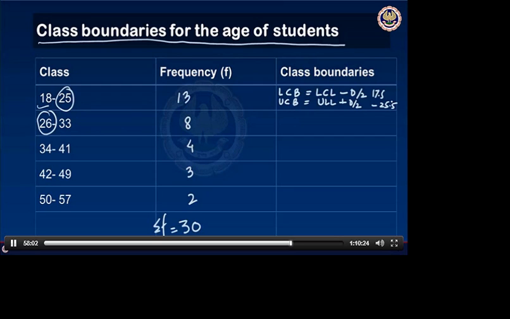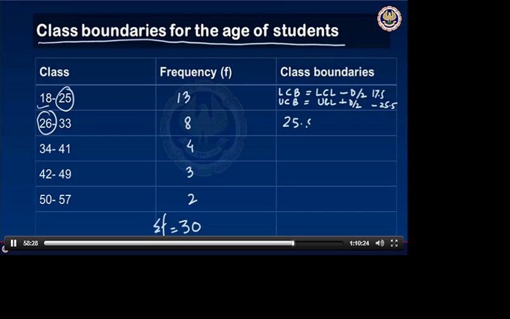So the upper class limit is 25, plus 26 minus 25 divided by 2, which will be 25.5. So we can do it for the rest as well.